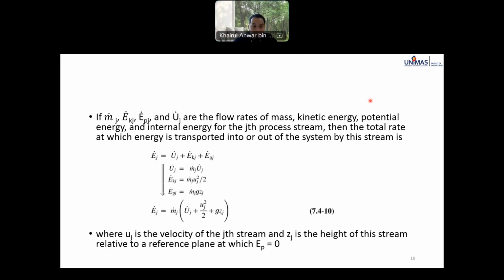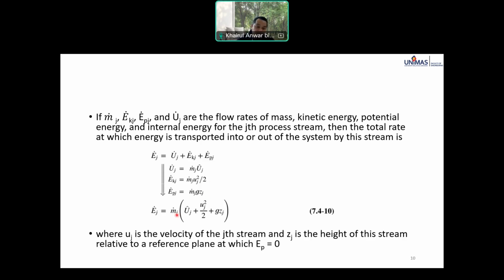So if m_j, E_k, E_p are the flow rate of mass, kinetic energy, and potential energy for the j-th process stream, then the total rate at which energy is transported into or out of the system by stream j is E_j equal to m_j times U_j plus u_j squared divided by 2 plus gz.